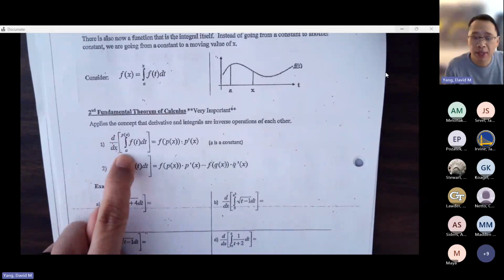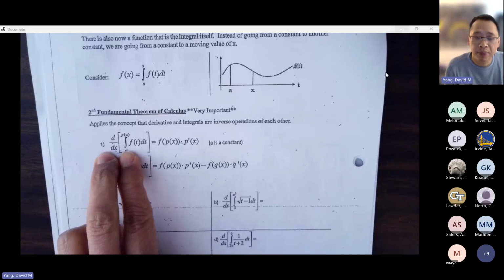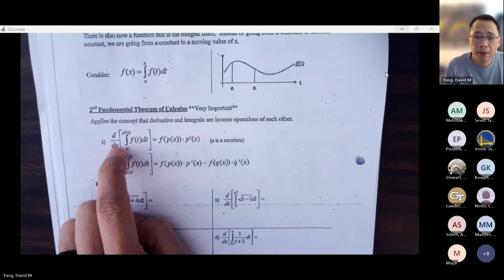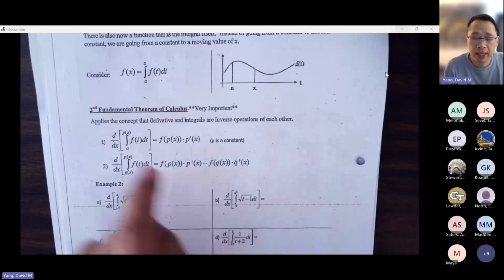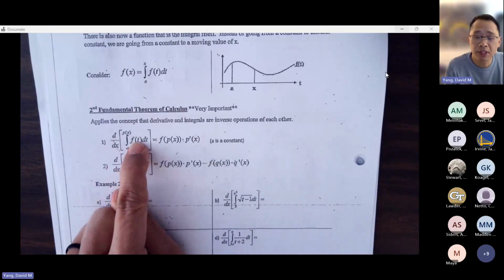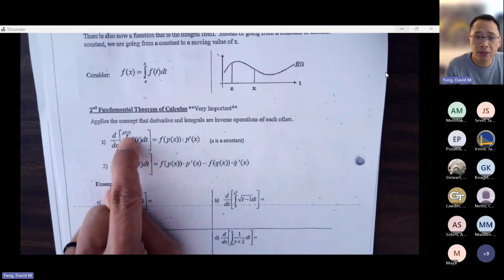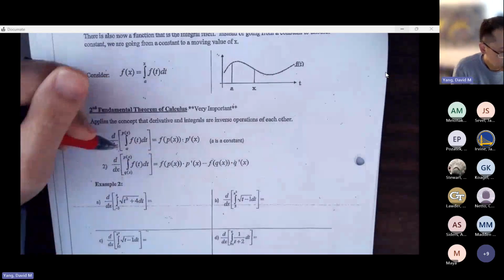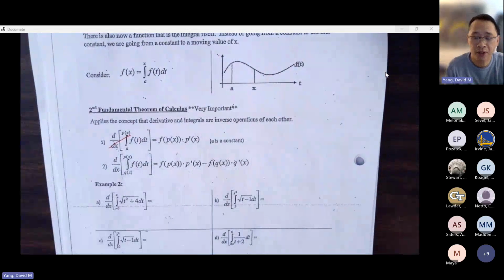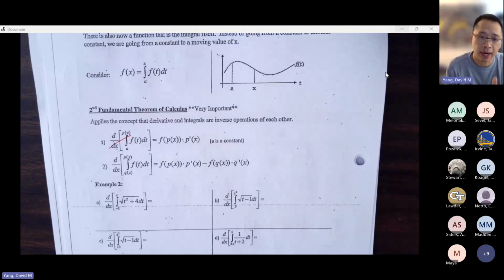I know this looks really complicated, but the nice thing about this relationship is that if I'm applying opposite operations on the same function, they're largely going to cancel each other out. The derivative and integral are going to wipe each other out. It's like adding 3 and then subtracting 3, right? If I add 3 and then subtract 3 from the same starting point, I'm going to be where I started.